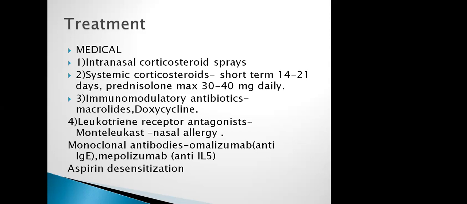Studies have been done for use of immunomodulatory antibiotics like macrolides and doxycycline, and leukotriene receptor antagonists like montelukast will be beneficial if the patient is having nasal allergy. And for research purpose, omalizumab and mepolizumab can be used, and aspirin desensitization if it is associated with aspirin hypersensitivity reaction of Samter's triad.